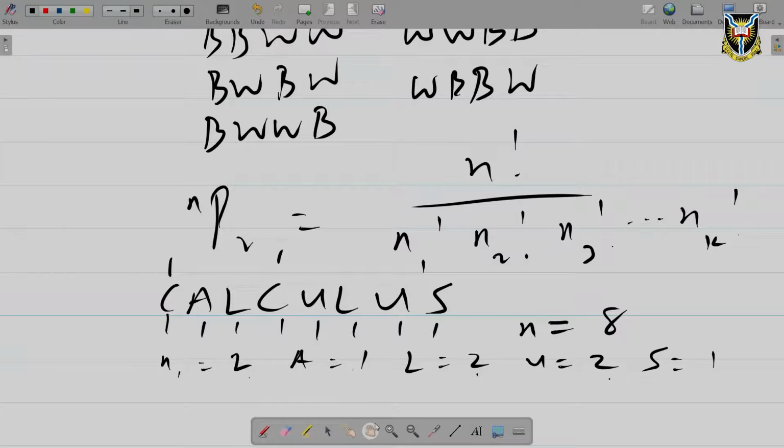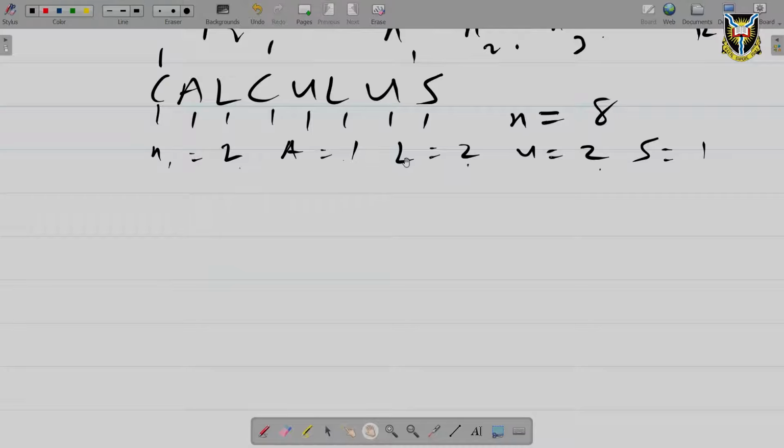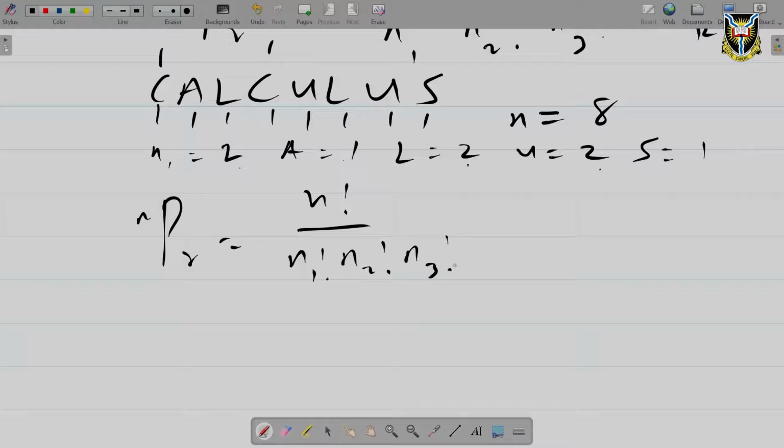Now, what do we do here to calculate the number of arrangements, okay, in this kind of situation? Just like I said earlier, our n permutation r is n factorial divided by n1 factorial, n2 factorial, n3 factorial, up to nk factorial. Then we have 8 factorial divided by, we have 2 for n1, which is 2 factorial, 1 factorial, then 2 factorial, then 2 factorial, and 1 factorial.